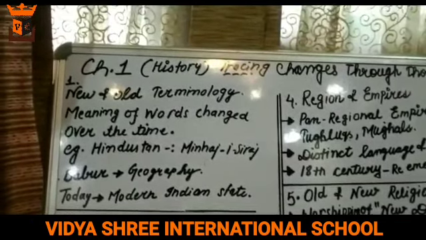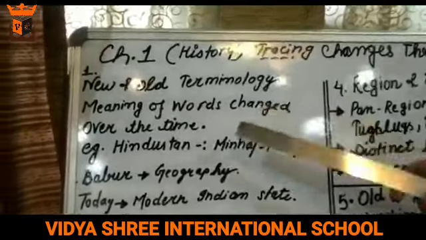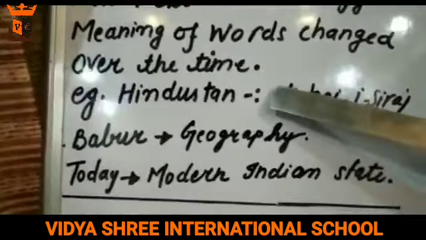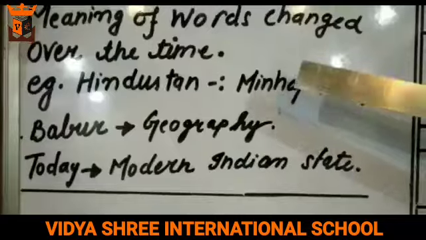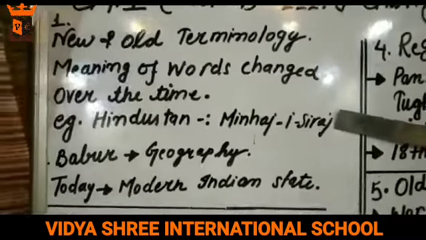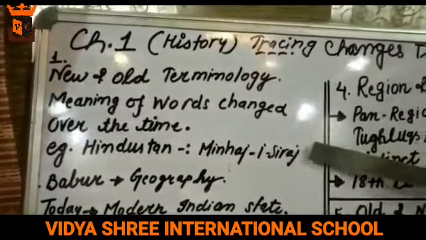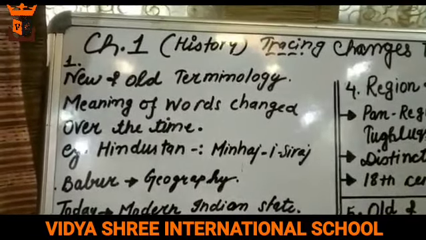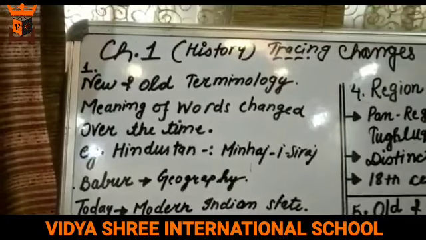Here I want to give you the example of the word Hindustan. Earlier this word was used by Minhaj-e-Siraj, as I have told you in our previous video. According to him, this word means the area of Punjab, Haryana and the land between Ganga and Yamuna.